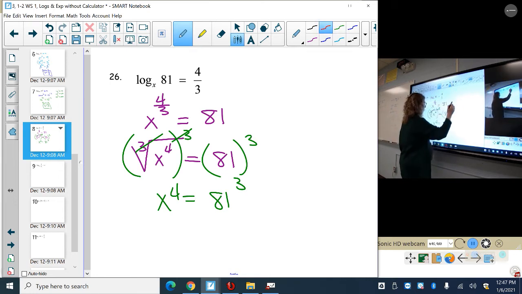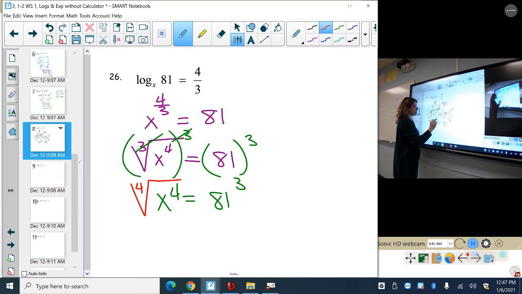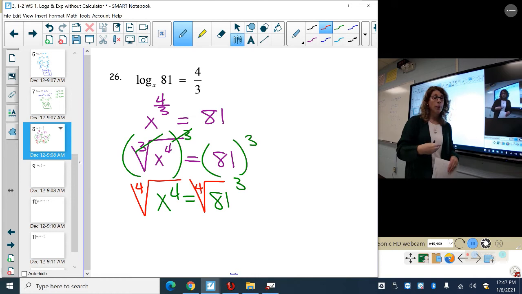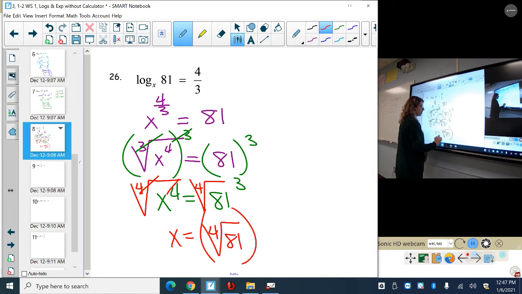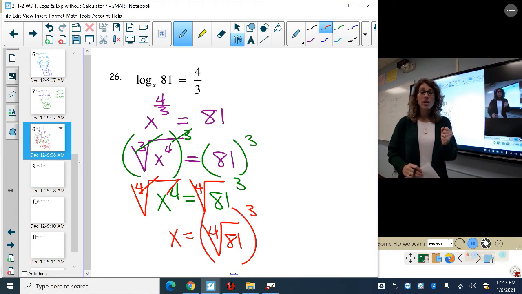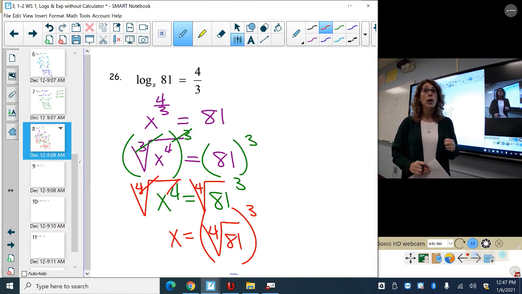How do I get rid of the power of 4? The way I do that is by taking the 4th root. The 4th root makes a number smaller. So what we're going to do is cancel those out, and I'm going to take the 4th root of 81, and then I'm going to cube it. Now listen very closely. The 4th root is taking the square root twice. So what's the square root of 81? If you answered 9, you were right. Now what is the square root of 9?